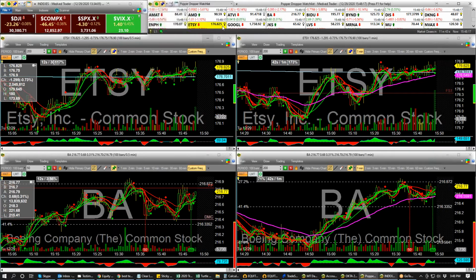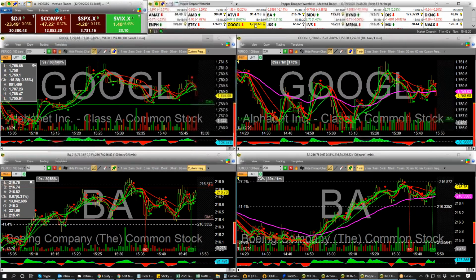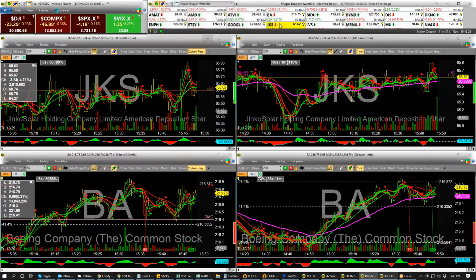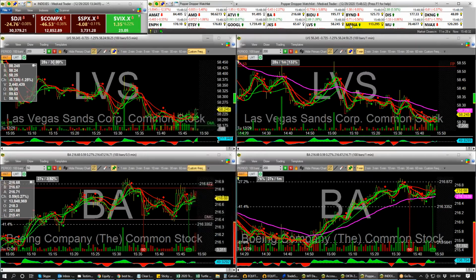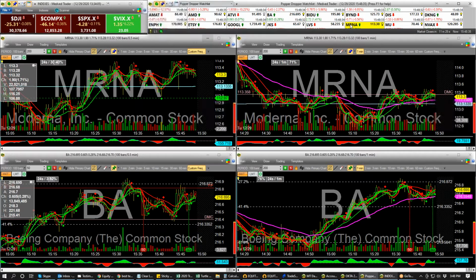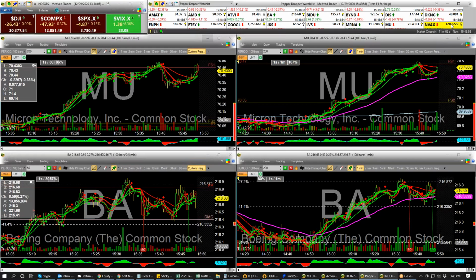Should be looking for longs. Moderna is currently green, but it's been back and forth both ways today. Micron's weakening green.